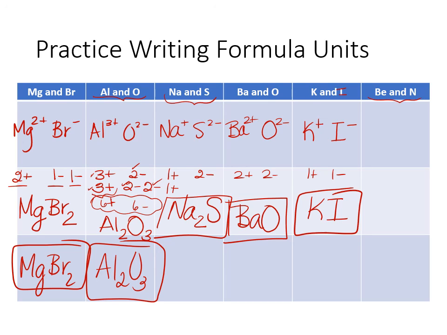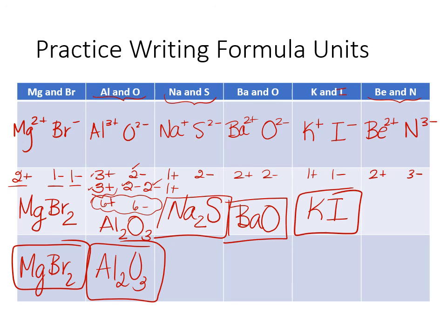Beryllium and nitrogen. So beryllium is a 2 plus, nitrogen is a 3 minus, and it becomes nitride. So I've got a 2 plus and a 3 minus, so we're talking 6 again.